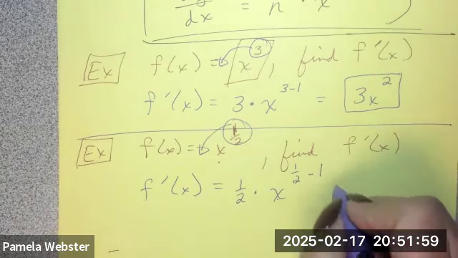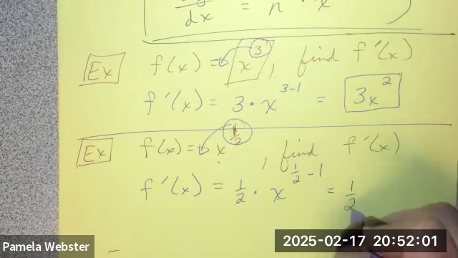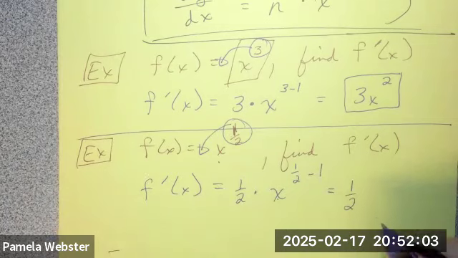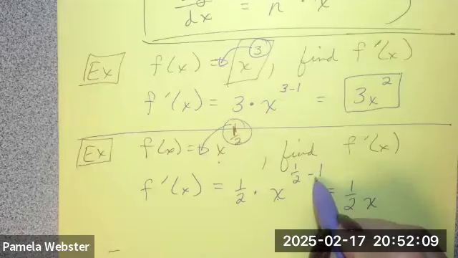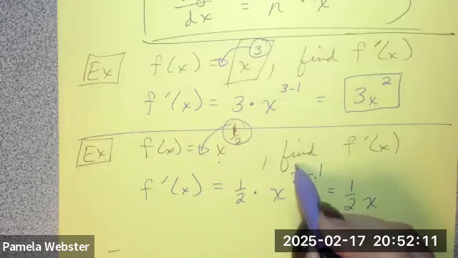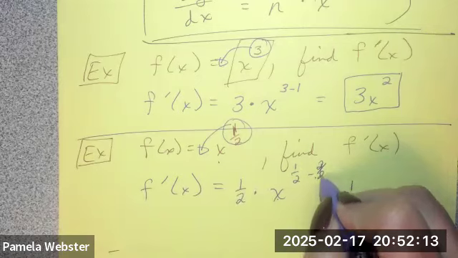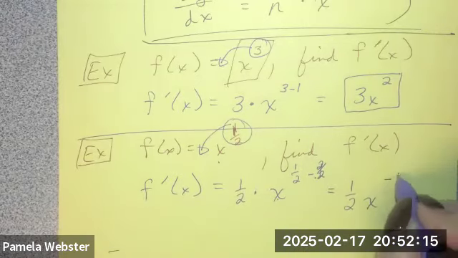Now be careful here. If you need to, you can do it on a calculator. This is 1/2 times x to the, what's a half minus 1? If you need to, you can say a half minus 2 over 2, right? It's a negative 1/2.